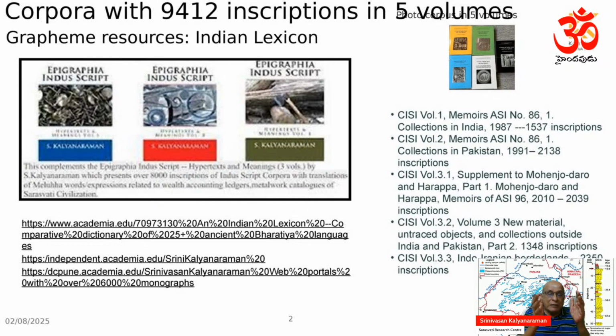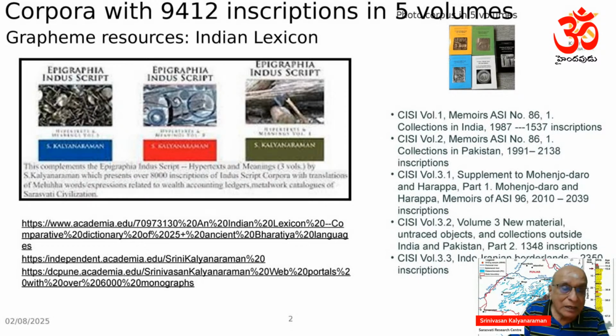So that's why we take a lot of time in a number of these sessions to explain the meaning of each of these symbols, each of these pictures, and try to see what words related to the languages of the region at that point in time can be identified. Okay?